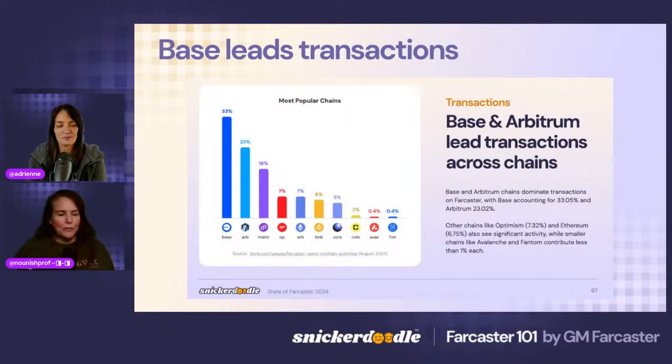I think if you go back to our discussion on culture in the last couple modules, where we talked about some of the influencers and early folks who were on Farcaster, like the first few hundred folks, Jesse Pollock from Base being one of them, Jacob from Zora being another.